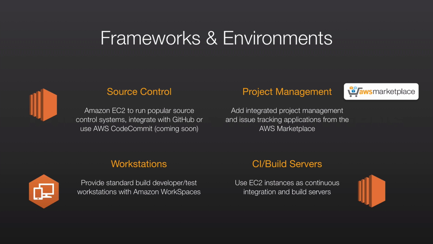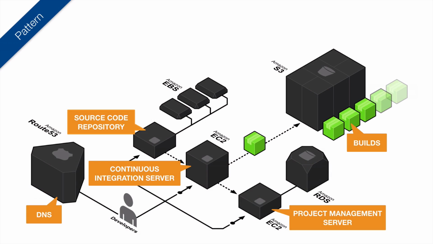Very easy to provision, simple pricing model, and very well controlled, supporting features like multi-factor authentication and golden images for those workstations. So combining those 4 services together, you quite often see customers end up with this architectural pattern where they have a source code repository, a CI server, a project management server, working together in concert.